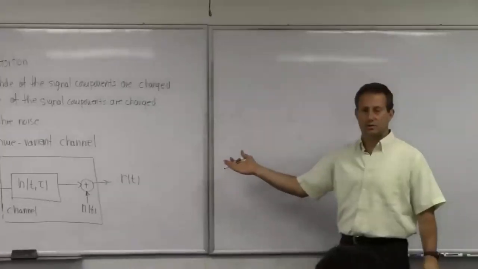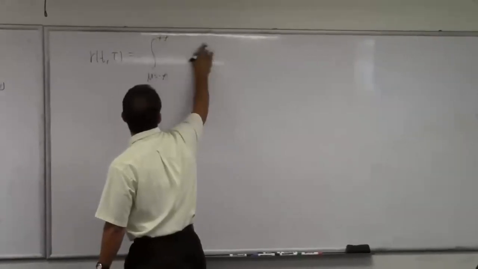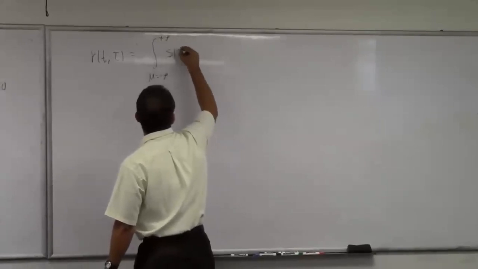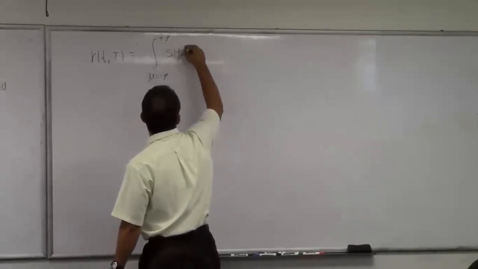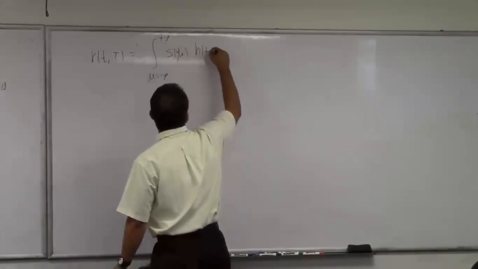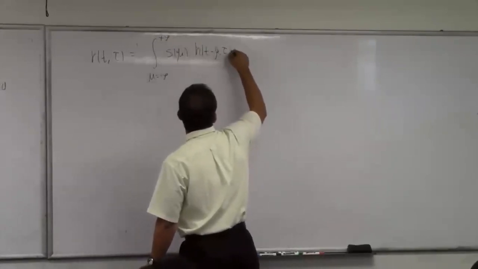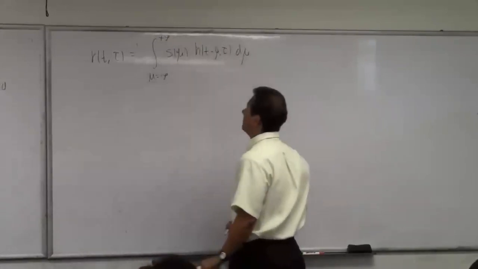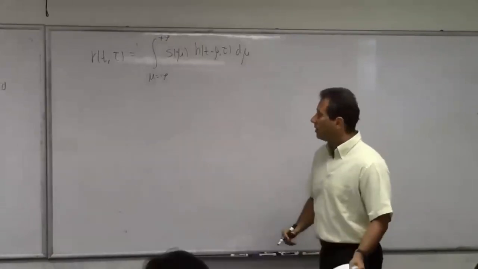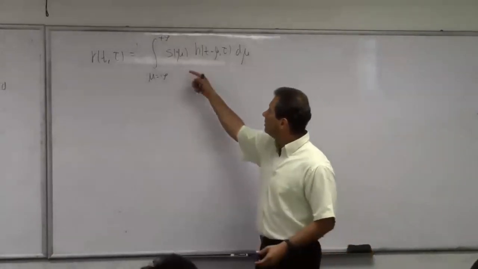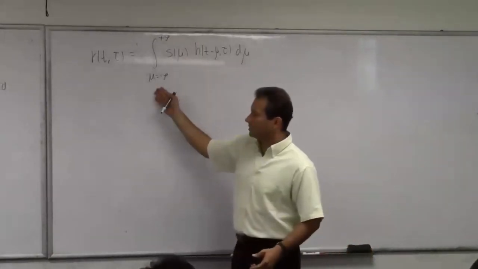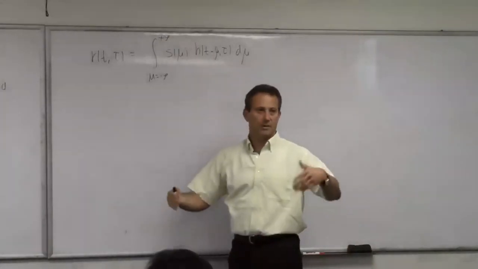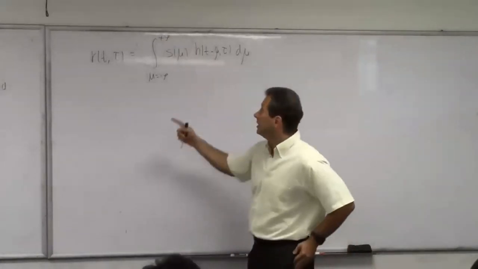So I can calculate R of t at some time tau as equal to the integral, when mu goes from minus infinity to plus infinity, of s of mu times h of t minus mu at a given tau, d mu. Mu is just a running dummy variable. It helps me do the integration.